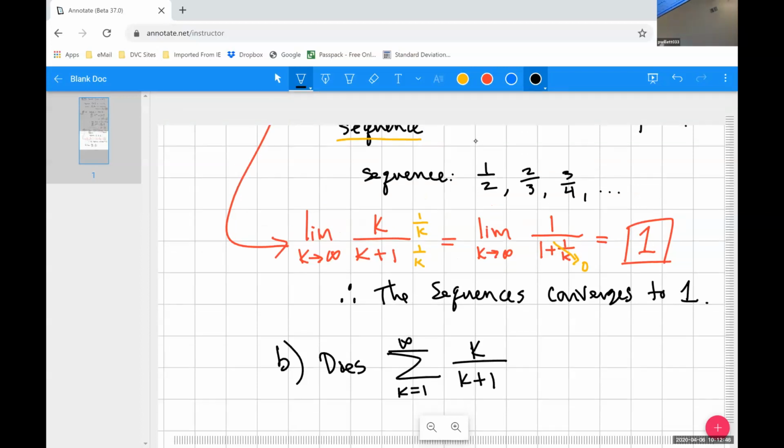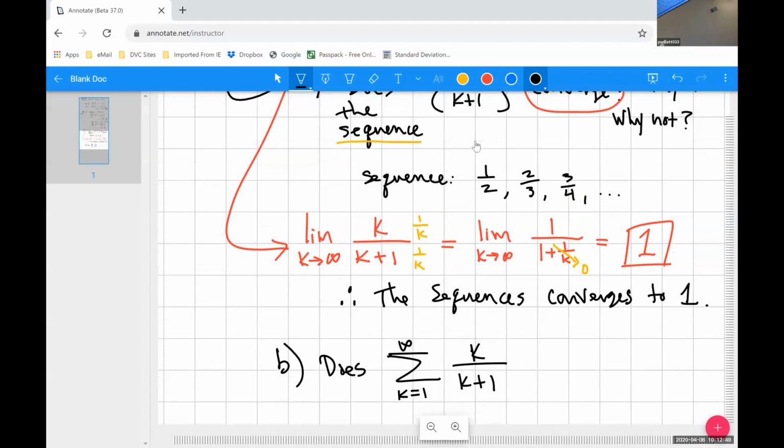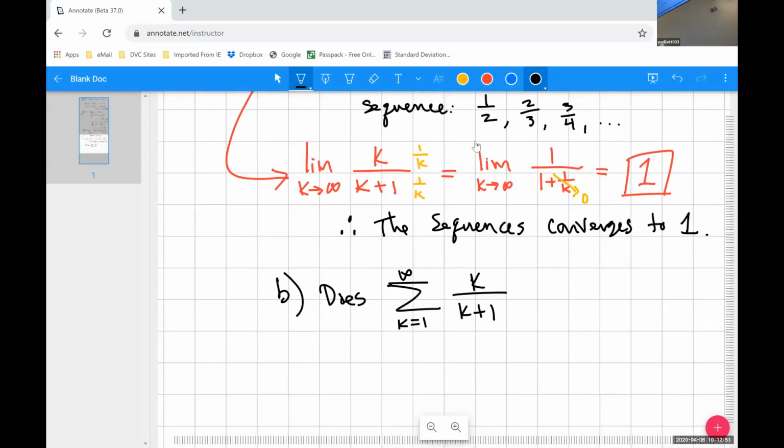So we have the exact same formula, but now we're making a series out of it because we're adding everything up, and we're asking if this converges or diverges. And of course, why or why not?